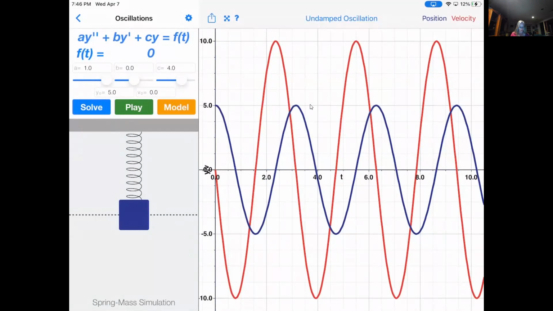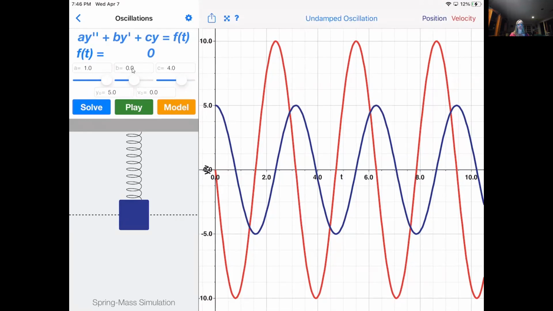So I'm going to add in a dampening factor. And the way I can do that is if I look up here, this is my differential equation, but notice there's a y prime term. But when I did my free undamped motion, my free motion, I didn't have this y prime term. So I wonder what will happen if I change that.